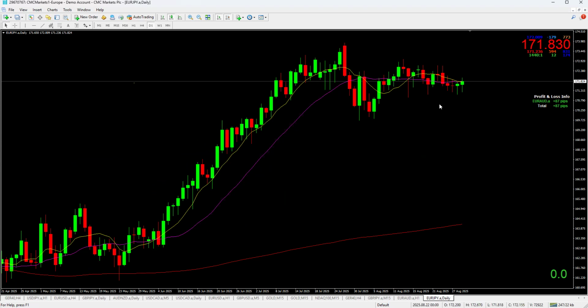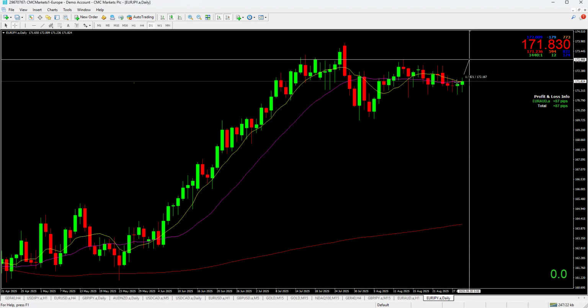You can see on the daily, it is consolidating really. That's the high, this is the low. It's a 200 pip consolidation. I suppose if you want to get 30 or 40 pips out of it, fine.